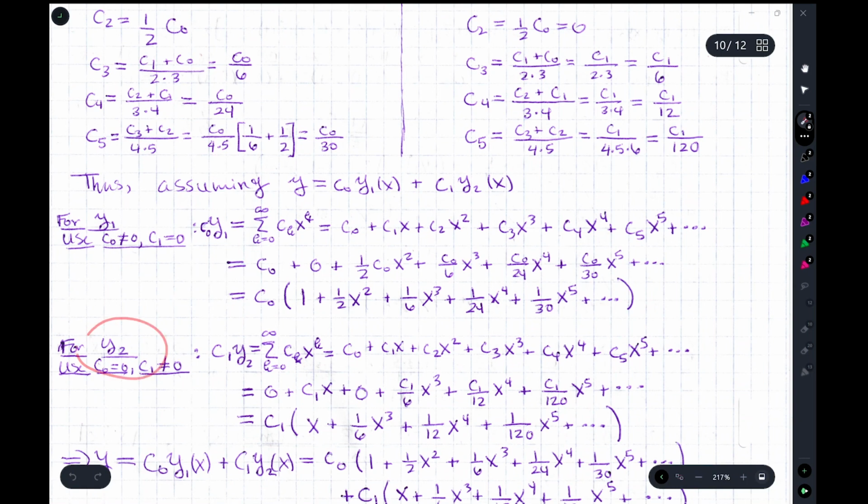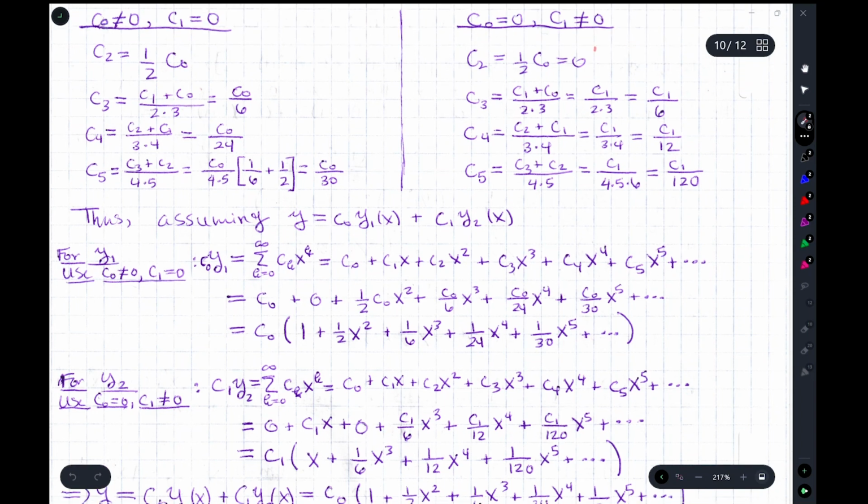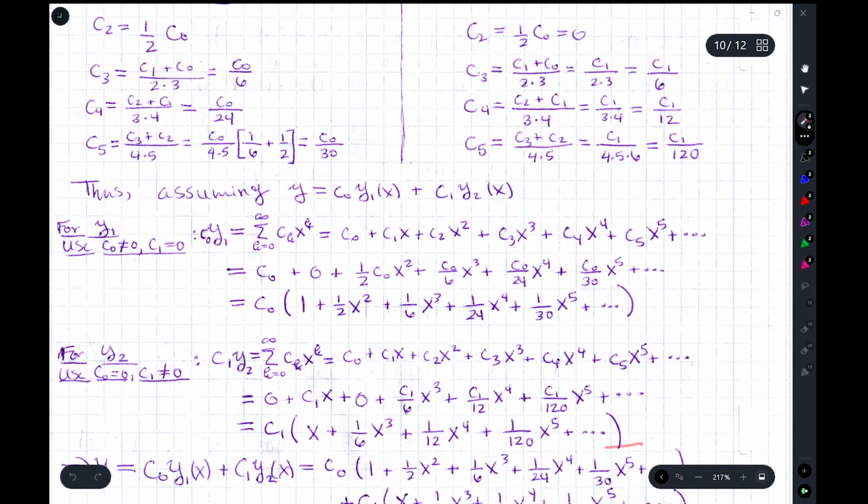And now for the second one, we go through the opposite. Again, we're still assuming that same form. Now C0 is 0, and we get C1 is C1. C2 is 0. C3 is C1 over 6. And we get that proportional to C1.